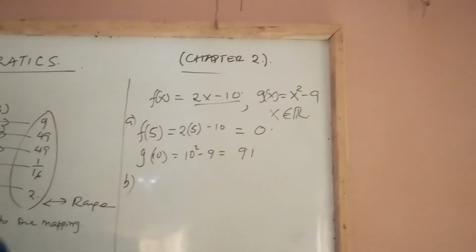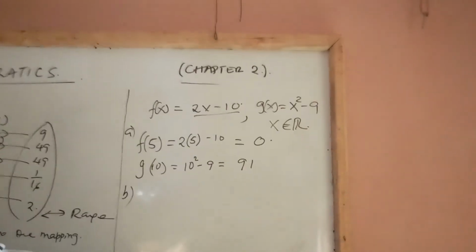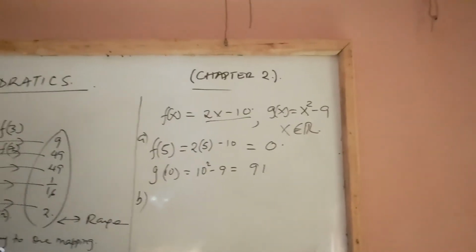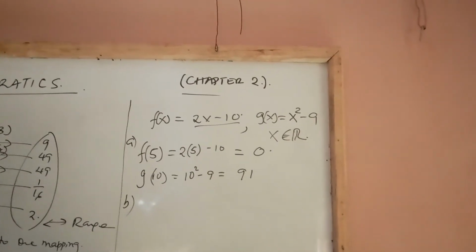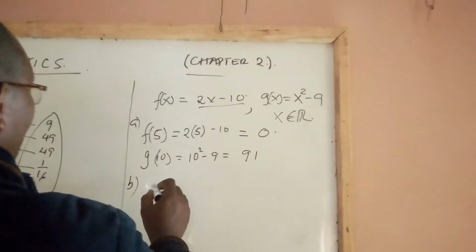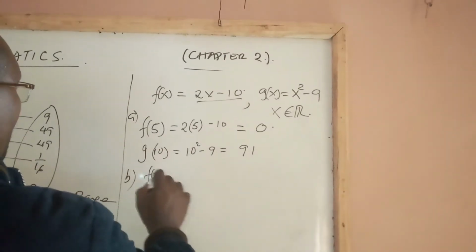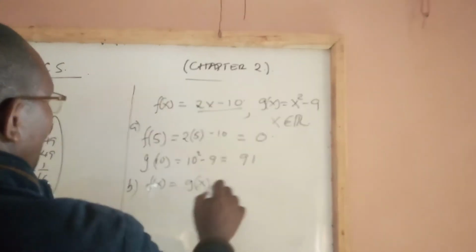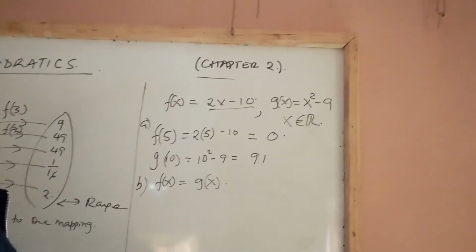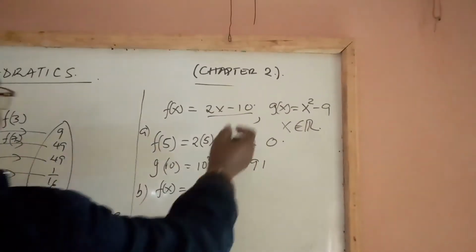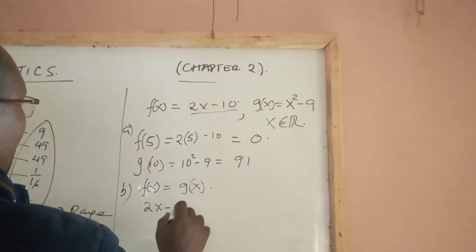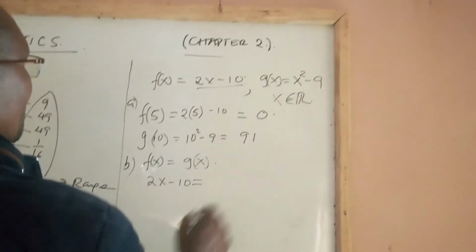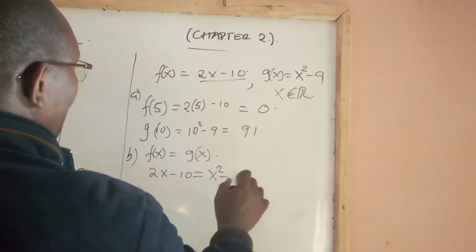Part B of the same question is asking us, find the value of x for which f(x) is equal to g(x). It goes without saying that f(x) is represented by 2x minus 10 and g(x) is represented by x squared minus 9.